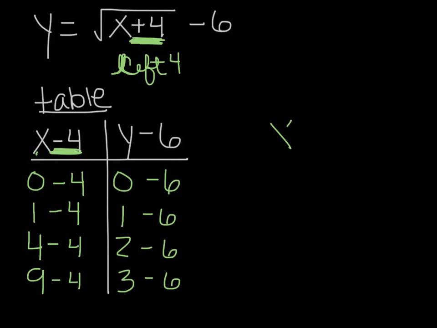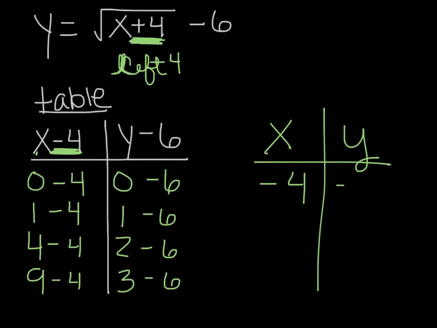So your table is actually going to be (-4, -6), and that will be your endpoint. (-3, -5), (0, -4), and (5, -3). So those are the points I'm going to plot.